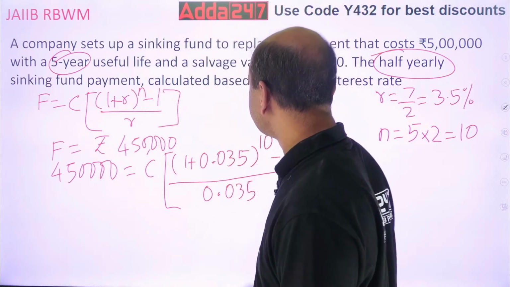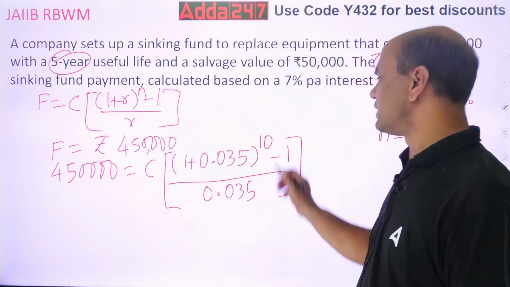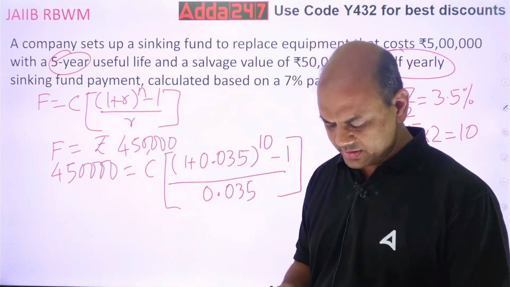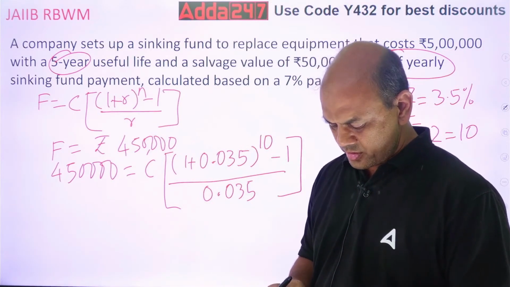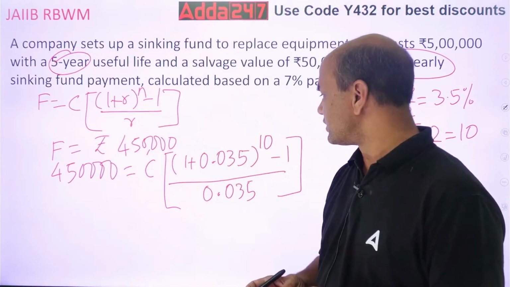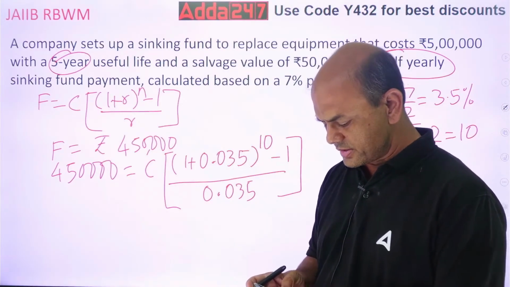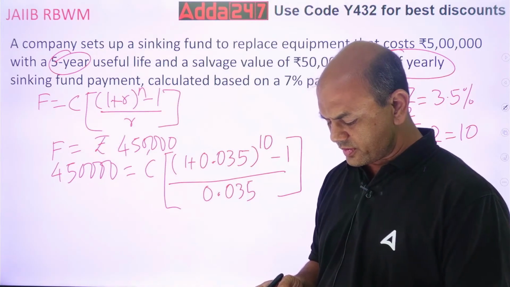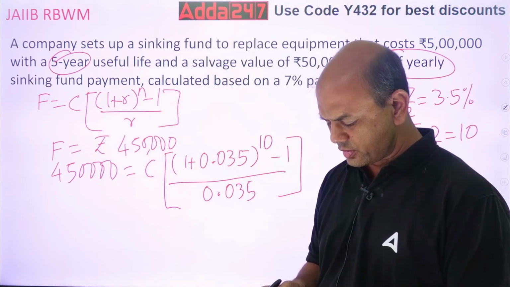Okay? Getting this, everyone? Solve this now. This is the same as the earlier one. You should be able to solve it. So what is it? 1.035 into equal to 10 times. Do it, everyone.